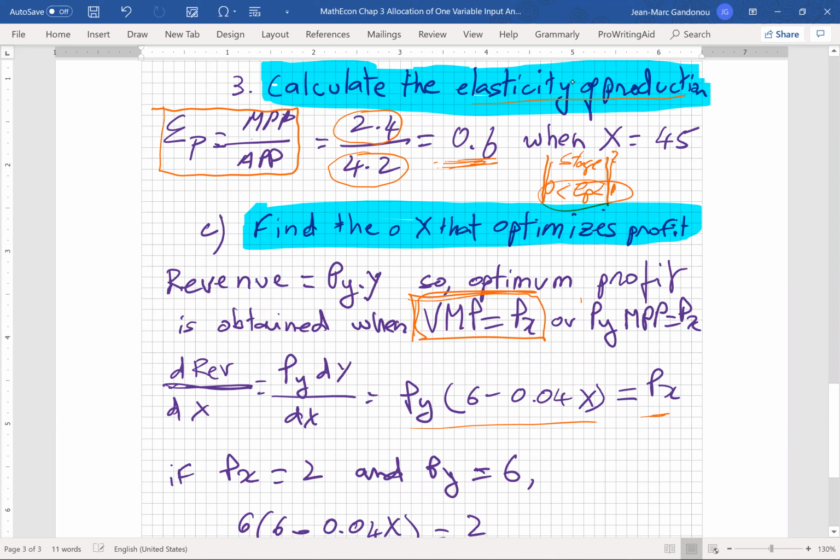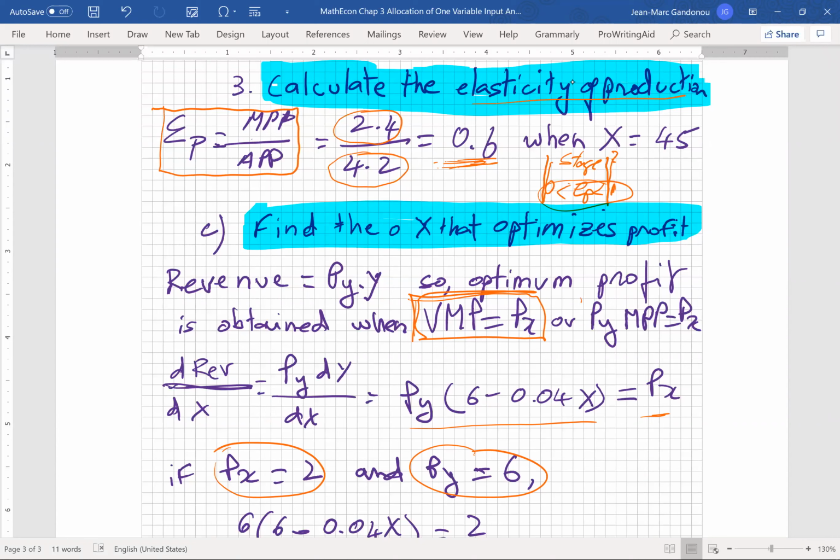Now, if you are given the values of px and py, then we can obtain x.